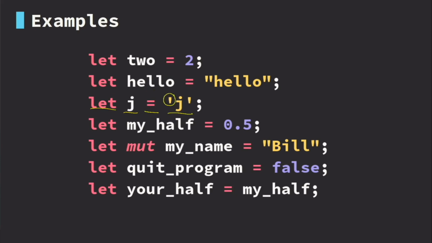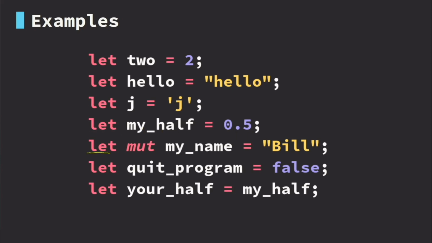This is a character because we have single quotes, so we can put one character into the j variable. Let some variable named my_half be assigned the value of 0.5. Variables can have more than one word in their name, so you'll use an underscore to separate words within a variable name. This can be useful to make variables easier to read versus placing all the words smashed together.